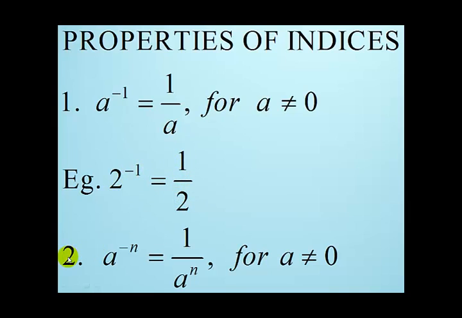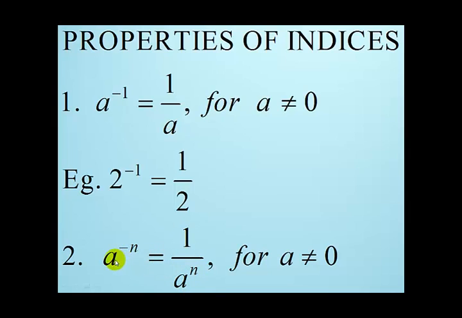Property number 2. A raised to the power minus n. Now the exponent is a number. You have minus of the number. So you have a raised to the power minus n. That is a number other than 1. A raised to the power minus n is equal to 1 over a raised to the power n. You can see that the negative exponent has now changed to positive exponent because of the reciprocal of the number.